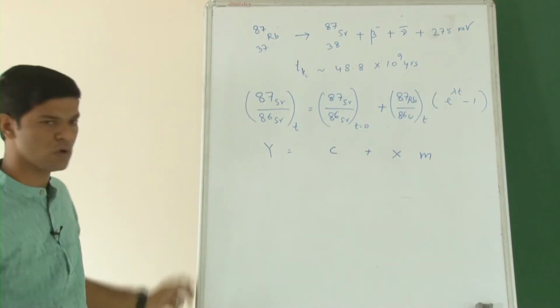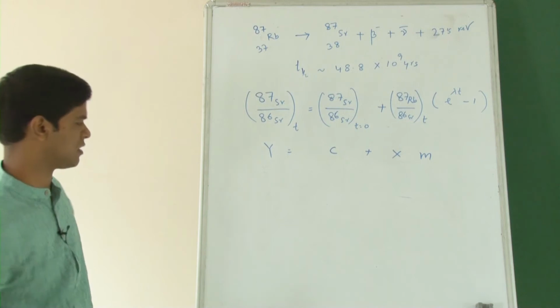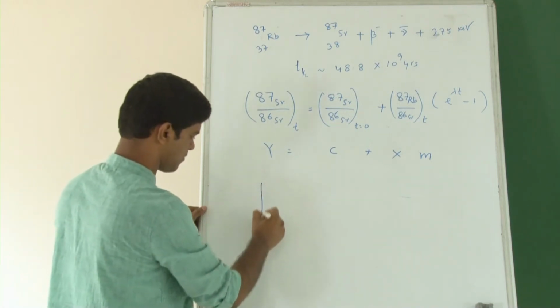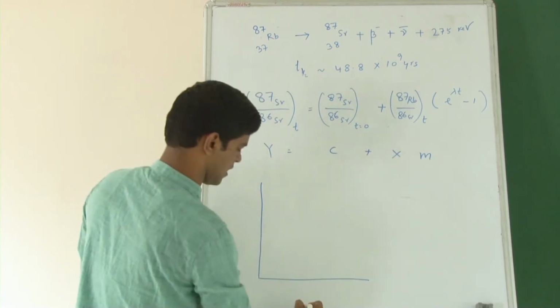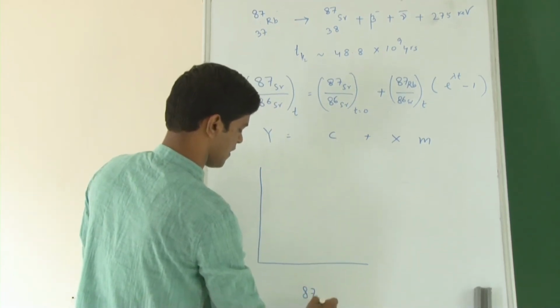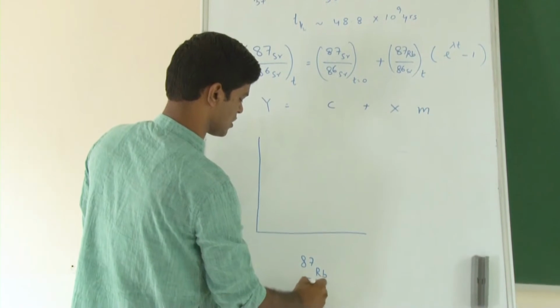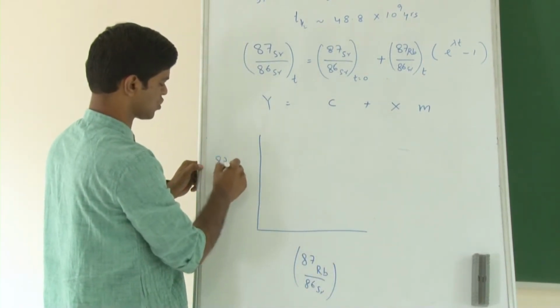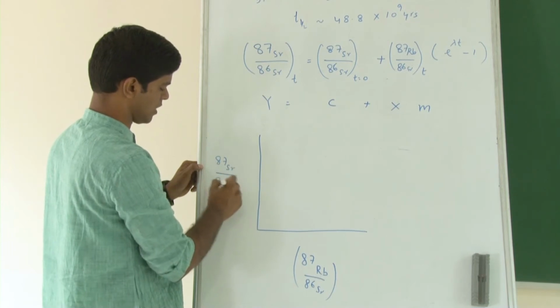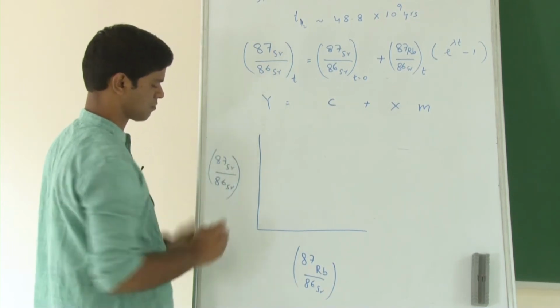So, what we can do is follow a graphical approach, like let us say something like this. Here the x is 87 rubidium by 86 strontium, and here 87 strontium by 86 strontium.